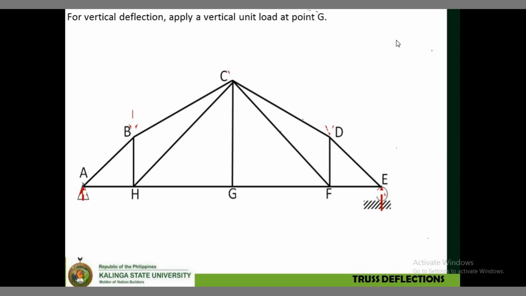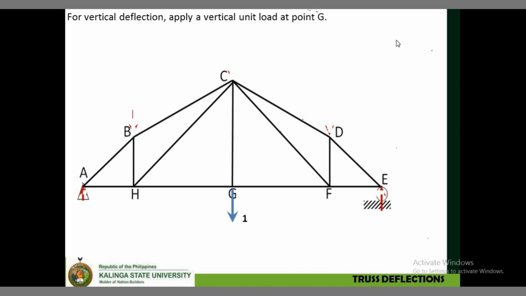So, inalis natin lahat ng mga external forces. Magre-remain yung mga supports. Then, maglalagay tayo ng apply a vertical unit load at point G. So, at point G, maglalagay ako ng vertical unit load.